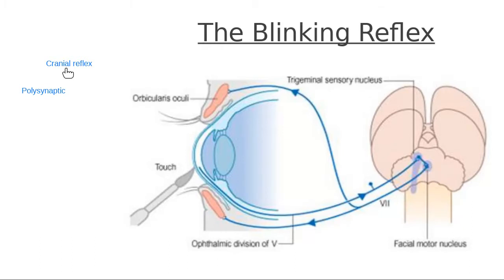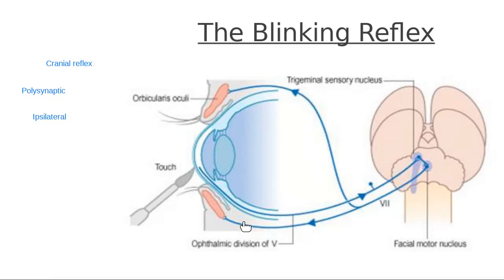So here's a polysynaptic reflex. It's a cranial reflex because we're not in the spinal cord. The last question then is if we are ipsilateral or contralateral. Yeah, this is another one that is ipsilateral, because the side that the sensory information came in is the side that the motor information goes back out.